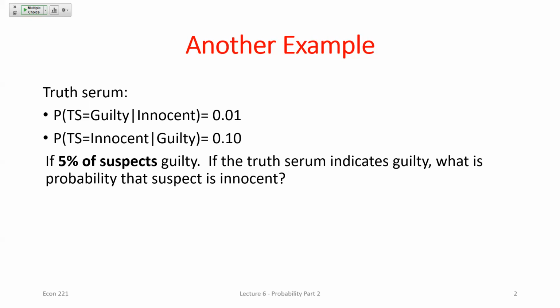So here, I'm going to condition on the individual being guilty. Given that they're guilty, I can only see two outcomes from this truth serum. Either the truth serum makes them say they're guilty, I'll shorthand it with a G here, or it makes them say they're innocent. Those are the only two outcomes I can see for the test.